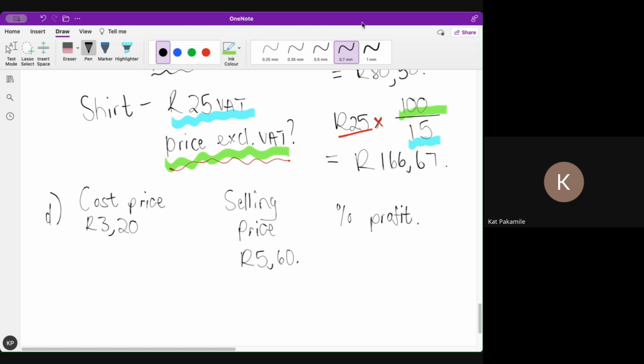Nicely, Achille. If I sold it for 5 Rand 60 and I bought it for 3 Rand 20, then the difference between these two is my profit. It's like saying you buy something for 2 Rand and you sell it for 5 Rand. I just told you the profits. Never mind.